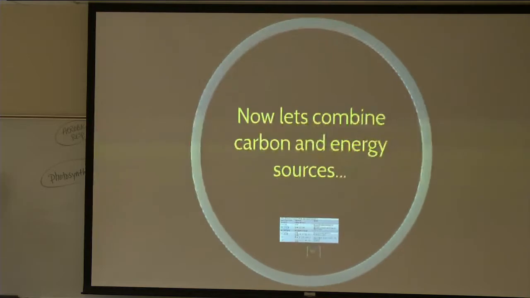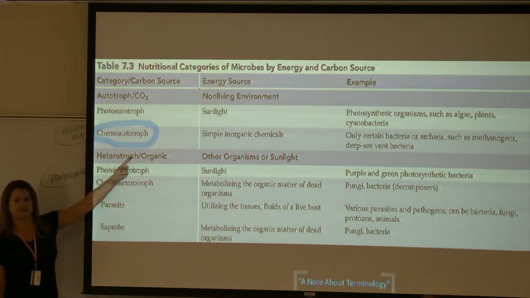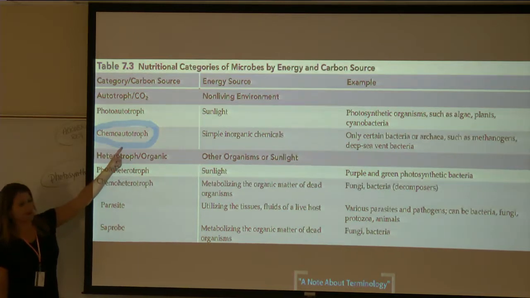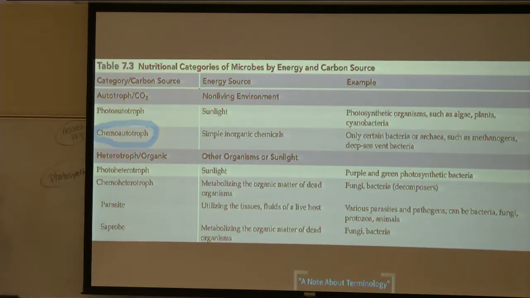So when we combine them, there's a nifty little table in your book, table 7.3, that combines these terms, lets you know a little bit about them, and which organisms fall into that category. I circled chemoautotrophs for a reason. There are 2 subcategories. They're put into 2 categories and they're not on this table. So I just want you to make special note of that, which is why I highlighted chemoautotroph. And I'll show you those categories in just a moment.